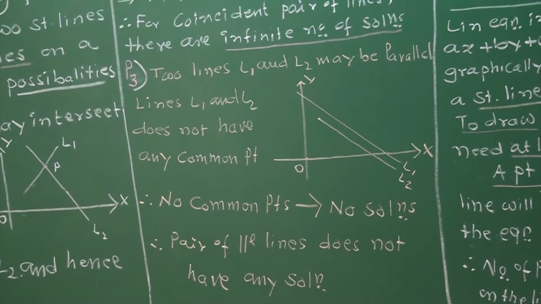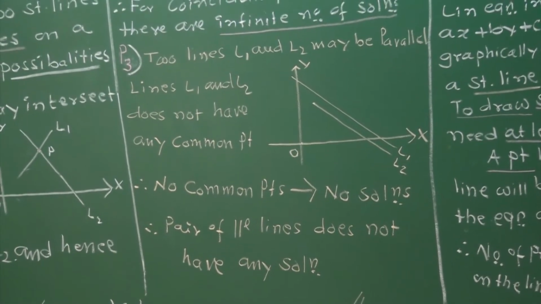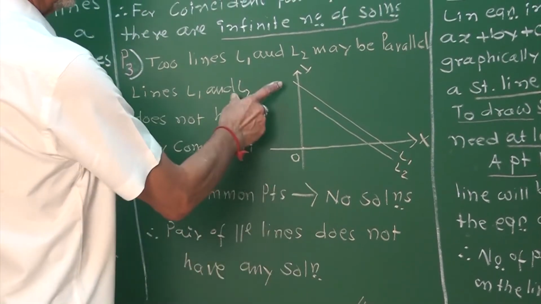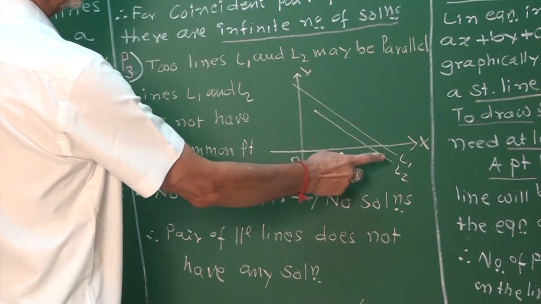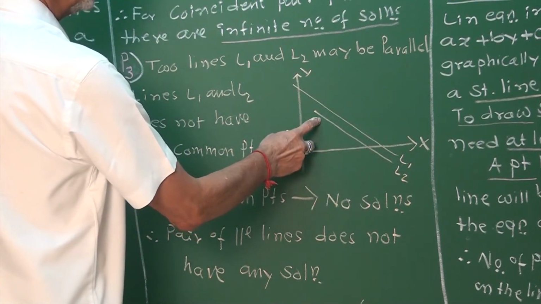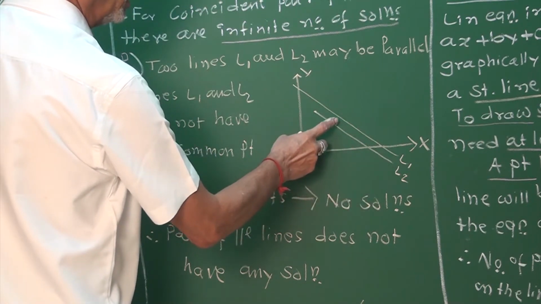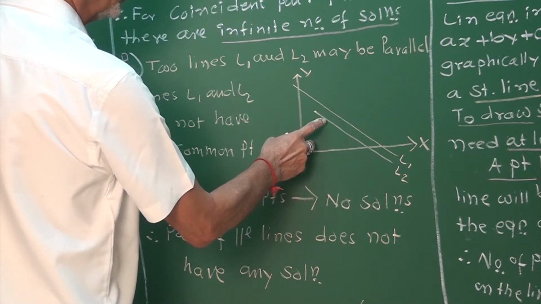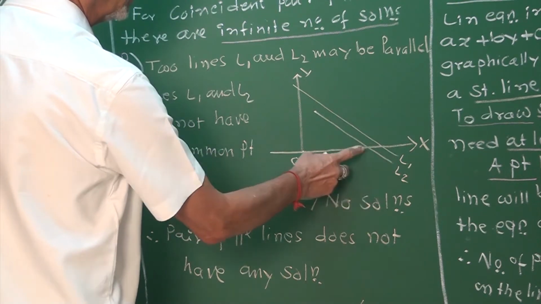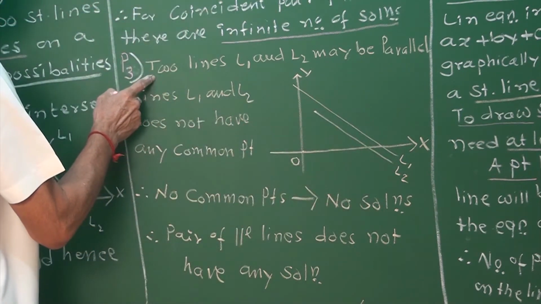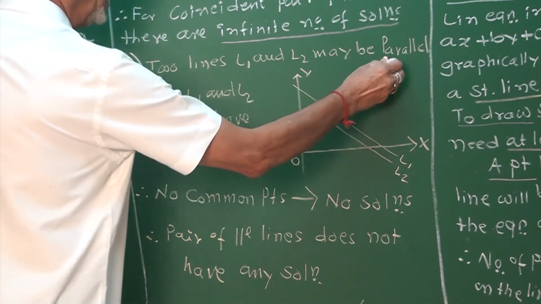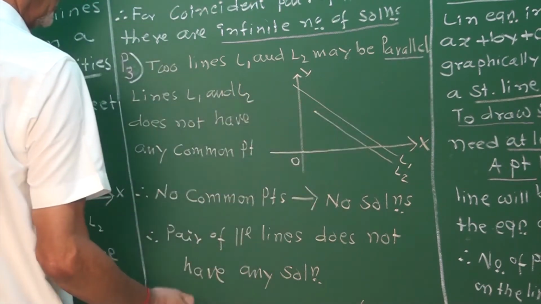P3 means third possibility. What is the third possibility? The first equation represents line L1. For the second equation, the case may be that it is parallel to this one. Therefore, the two lines L1 and L2 may be parallel.